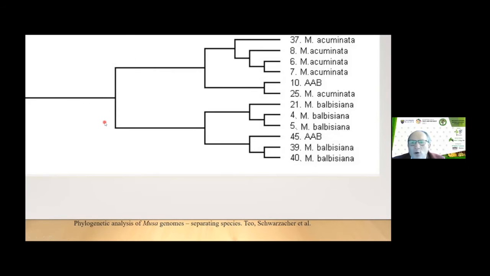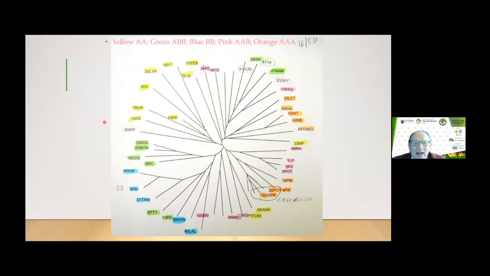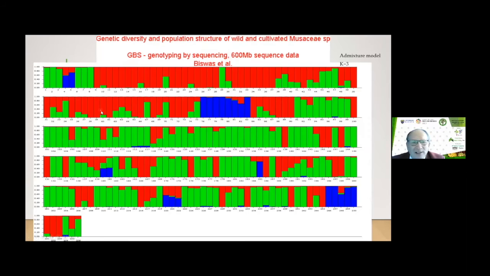If we look at the whole of the tree here, this is a whole range of different bananas, and you can see the Cavendish, Williams, Grande Naine, Pangenome are all in a very small group here. But there's a lot more variation around, both with the A genome and the B genome. Now, this is a more recent analysis, in this case the diversity of Ensete using genotyping by sequencing.